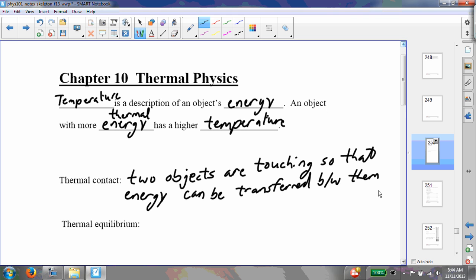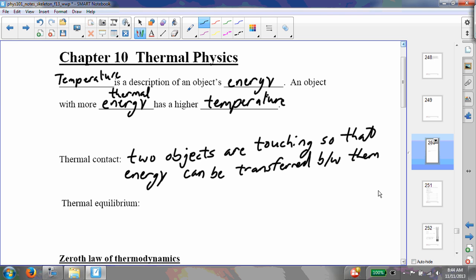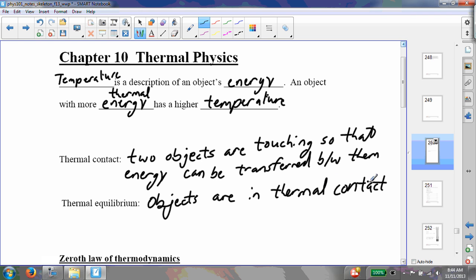And then thermal equilibrium occurs when objects are in thermal contact, but they're not exchanging energy. So they're able to exchange energy, but they're not. We would say they're at the same temperature.